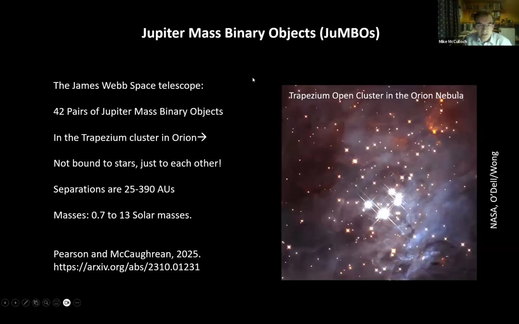Okay. So not content with that, I've been looking for even smaller, similar systems. I read a paper last year by Pearson and McCulloch, and they've been looking at the Trapezium open cluster in the Orion Nebula, which is shown here, with the James Webb Space Telescope, and they've found 42 pairs of what they call Jupiter mass binary objects, or JuMBOs for short.